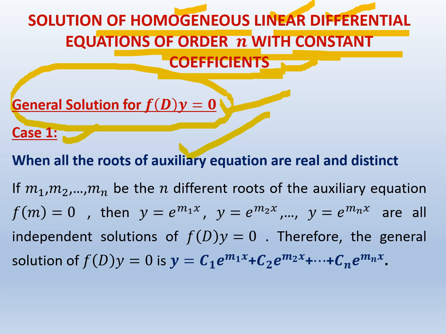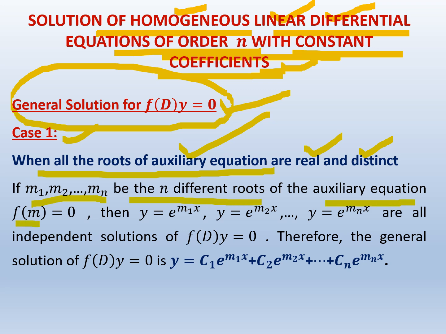In this case, all the roots of auxiliary equation are real and distinct. So, if m1, m2, and so on, mn be the n different roots of the auxiliary equation f of m equals 0, then y equals e power m1x, y equals e power m2x, and so on, y equals e power mnx are all independent solutions of f of D y equals 0.